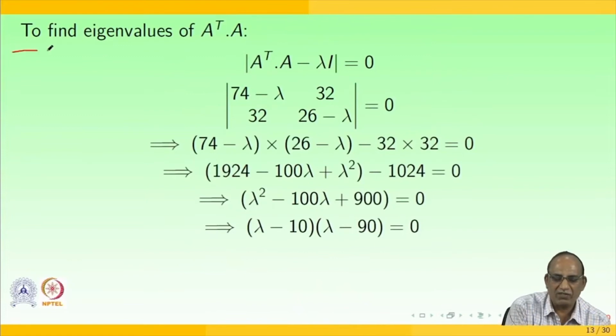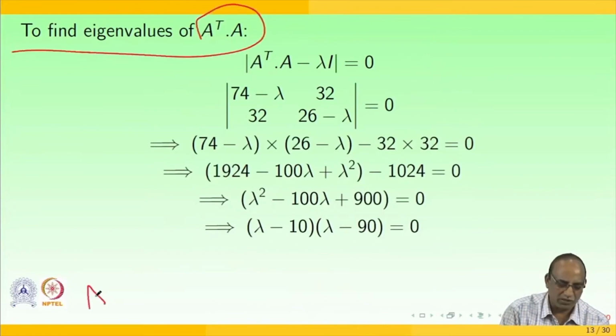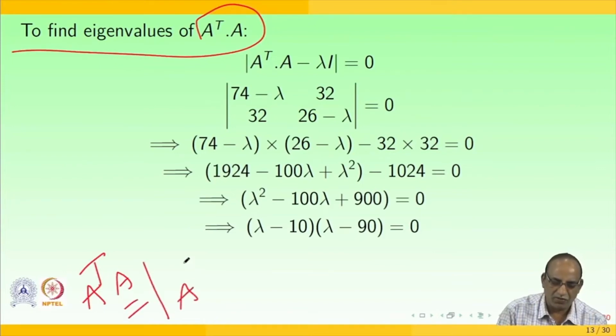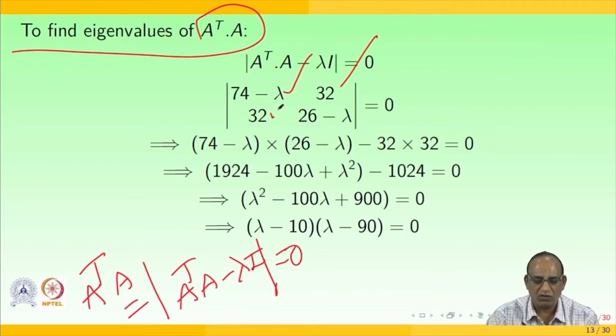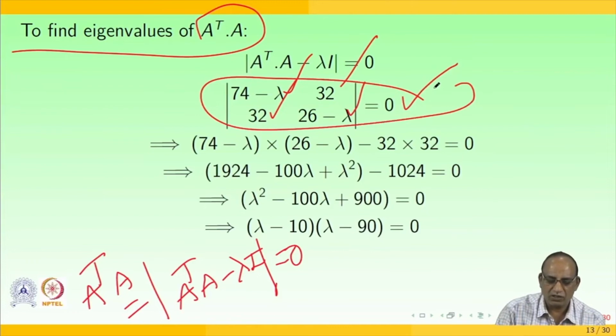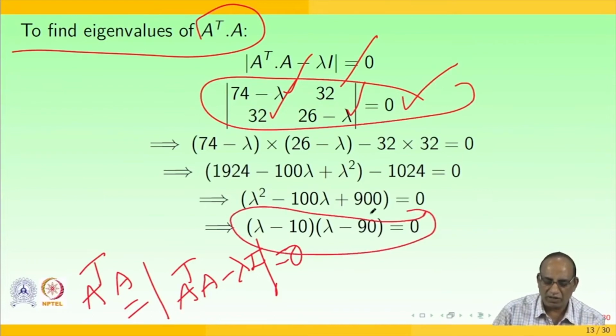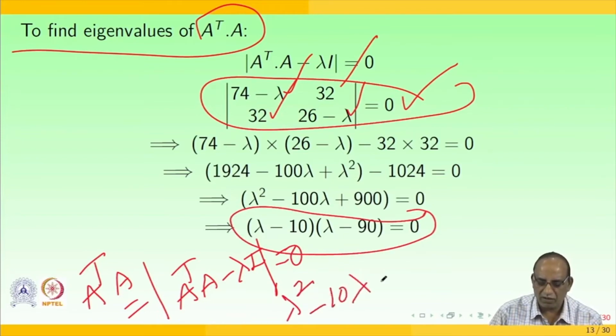To find the eigenvalues of the matrix A transpose A, the determinant of A transpose A minus lambda I is equal to 0. So you get 74 minus lambda, 32, 32, 26 minus lambda is equal to 0. When you simplify this, you will end up with a quadratic equation, lambda square minus 10 lambda minus 90 lambda plus 900 is equal to 0.